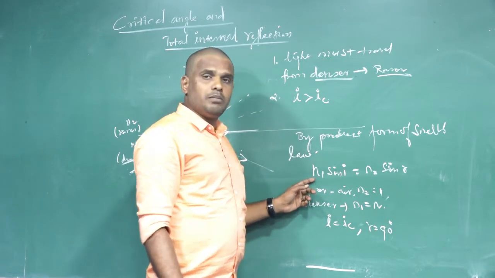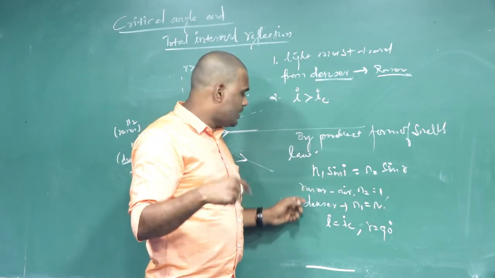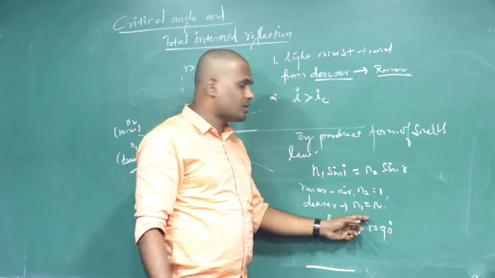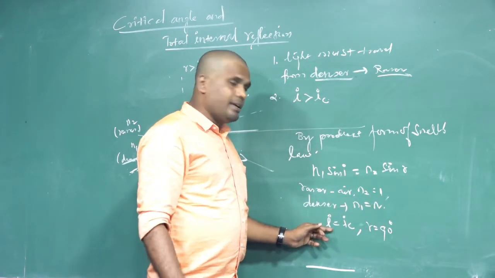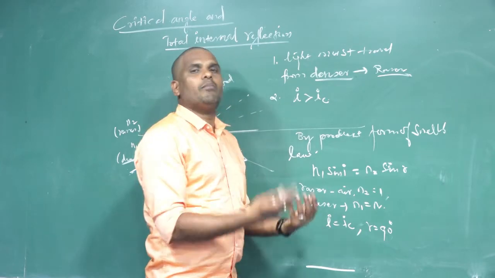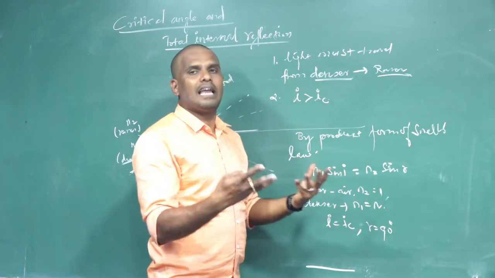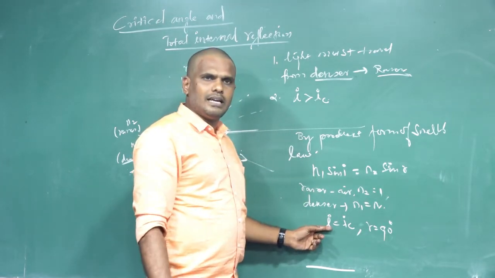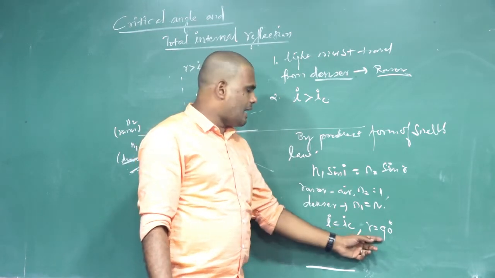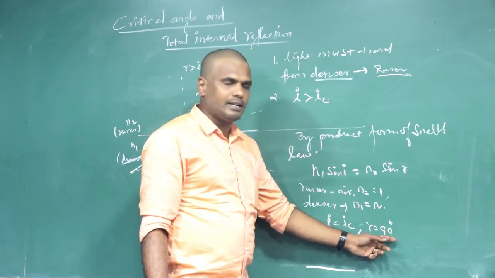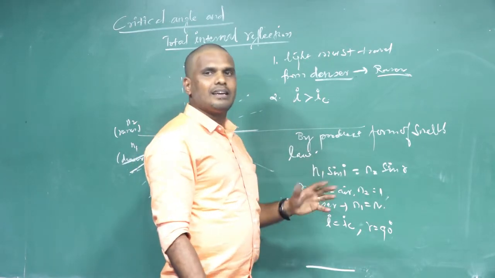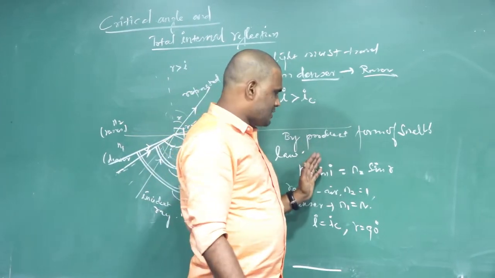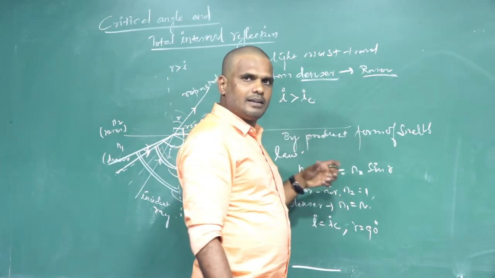Then, the first medium is the denser medium whose refractive index N1 is equal to N. Then, the condition I am taking here is the critical angle: when the angle of incidence I is equal to the critical angle, the angle of refraction is 90 degree. If I substitute all these conditions, then I will get the relation connecting the refractive index of the medium and the critical angle.